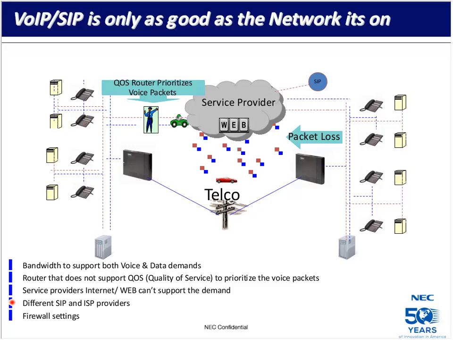So when your SIP service provider and your internet service provider are two different entities, you have to make sure they're going to play nice together. But of all those, the most important one is the quality of service router. Okay? And a QoS router is nothing more than a traffic cop.